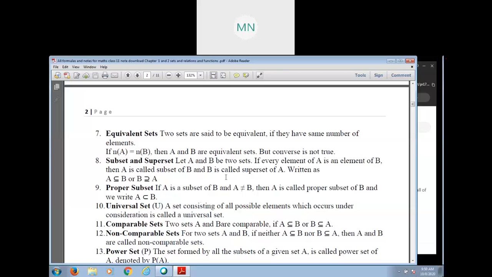Next, suppose we consider the set A equals A, C, and B is another set that contains the elements A, D, E, F. Now tell me, is A a subset of B?